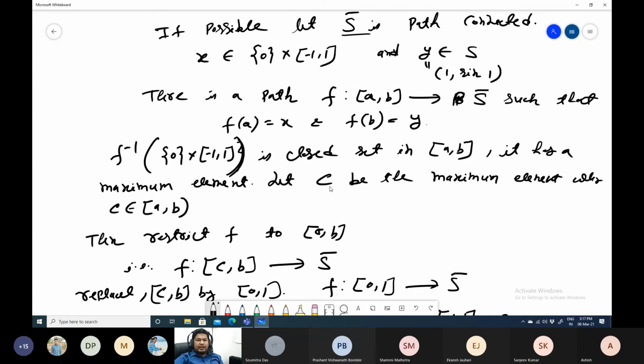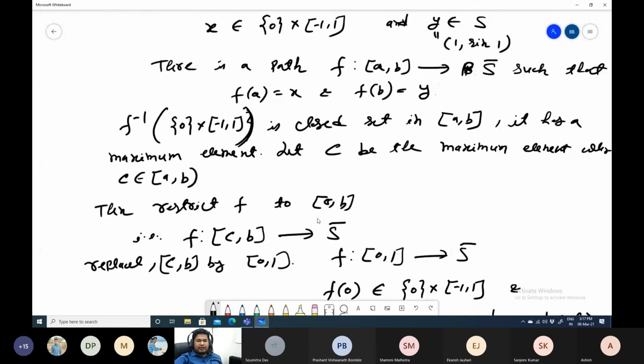ओके. देन हमें क्या करना है कि C के पहले जो भी पॉइंट्स हैं उसको हम रिमूव कर रहे हैं, ठीक है. अब हम नया एक फंक्शन बना रहे हैं f को [c, b] में रिस्ट्रिक्ट करके, और C इज द मैक्सिमम एलिमेंट ऑफ दिस सेट. So that means whenever you have an element bigger than C, then f of that element should be in S, not in this vertical line.